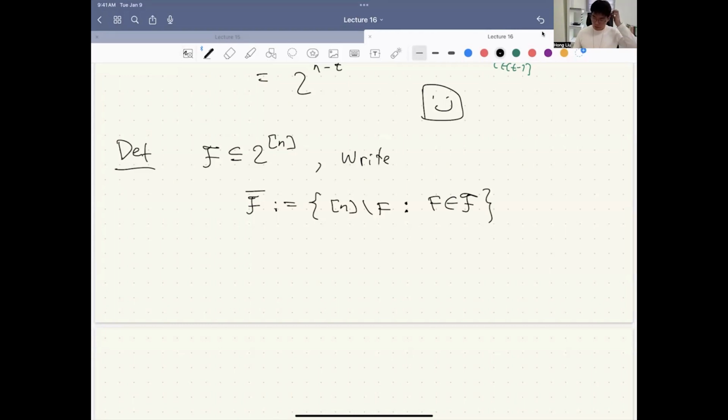If this is intersecting, what does it mean?